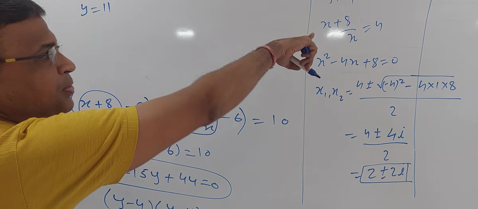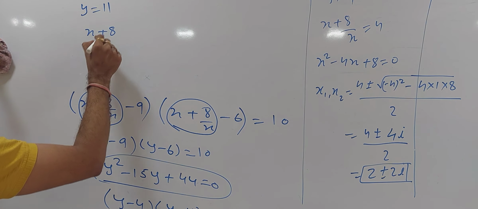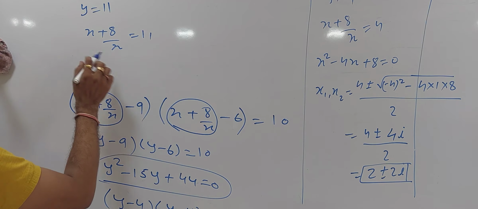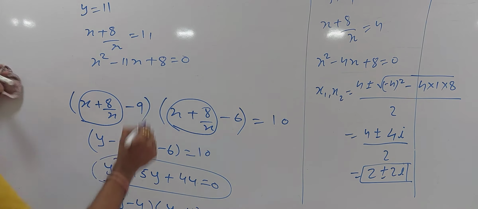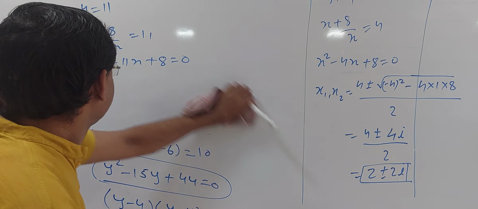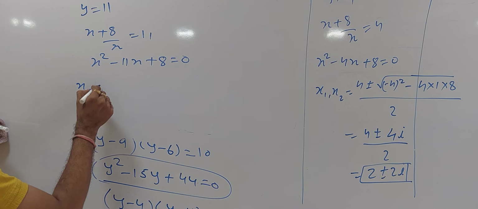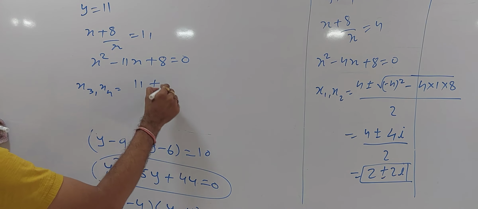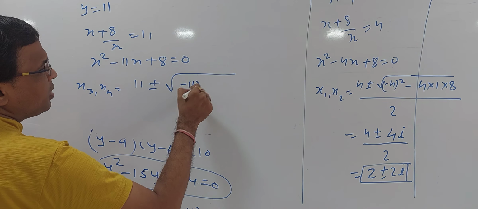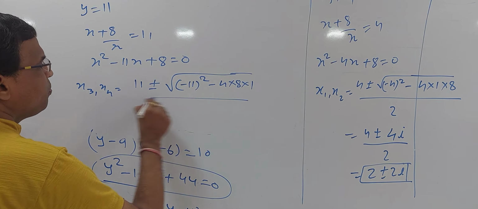Second is y is equal to 11, so x plus 8 upon x is equal to 11. So again it is x square minus 11x plus 8 is equal to 0, a quadratic conversion. Now again using the formula, x3 and x4 I will take, because x1 and x2 were already used. So it is 11 plus or minus square root of 11 square minus 4 into 8 into 1 upon 2.